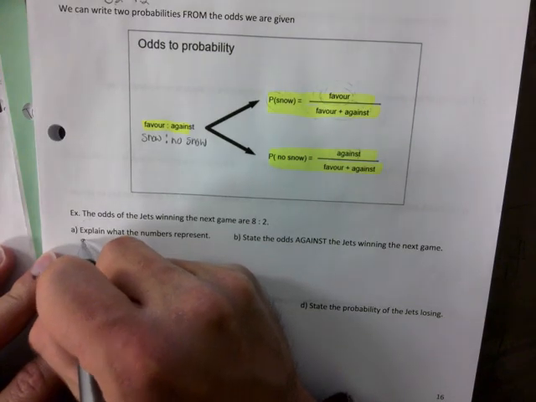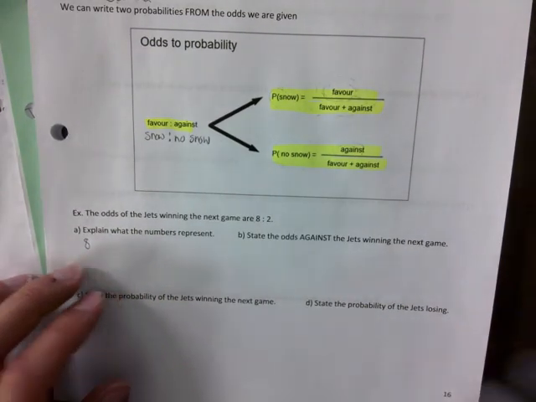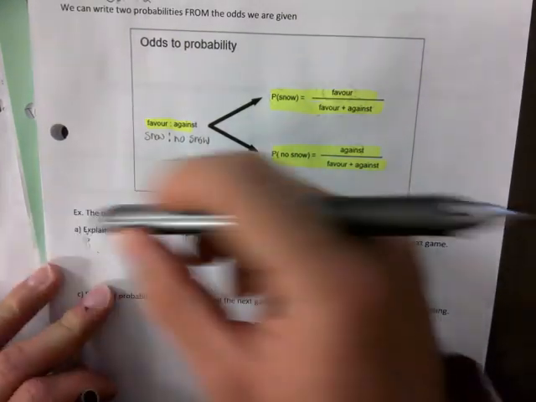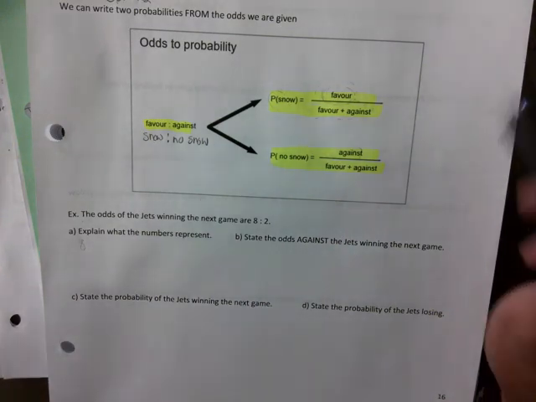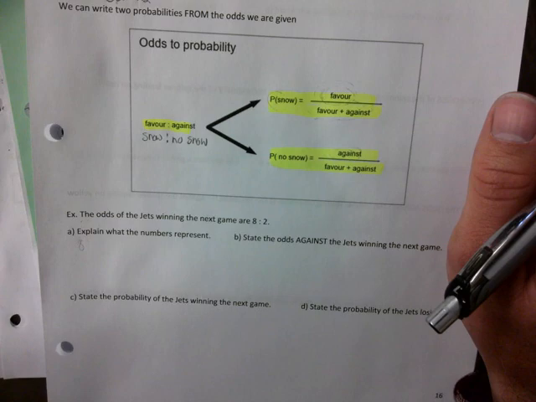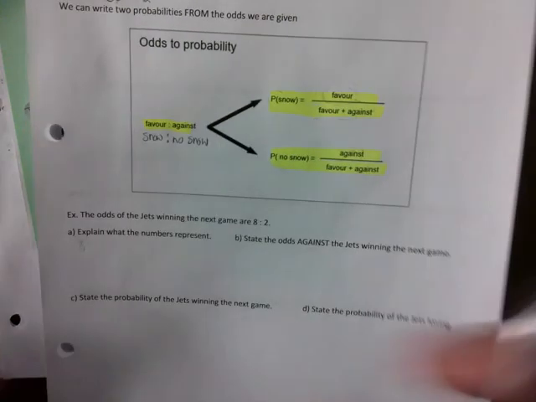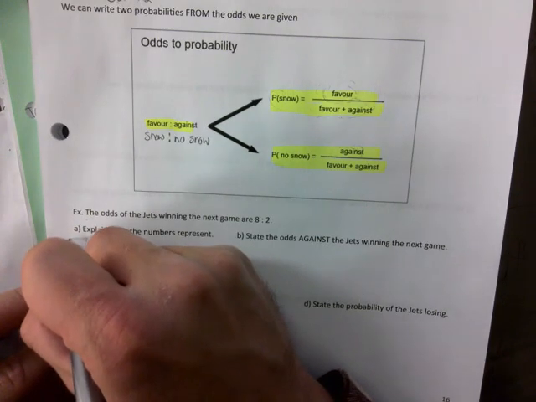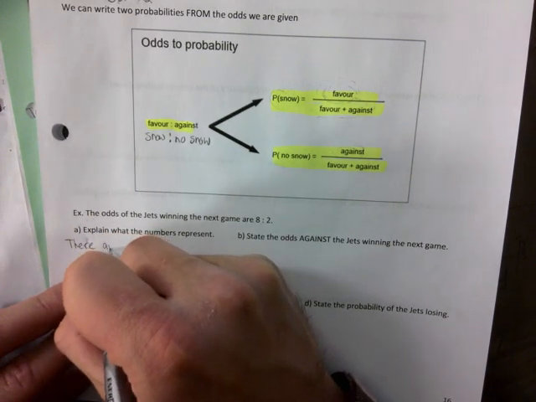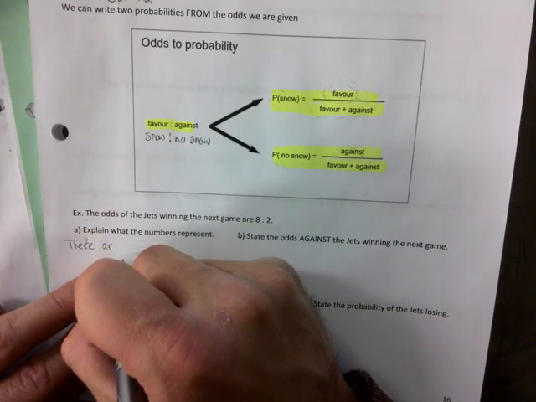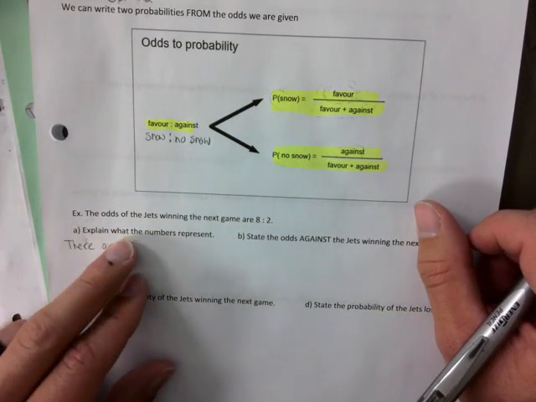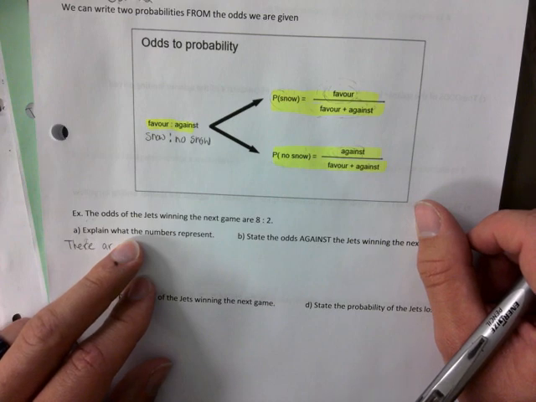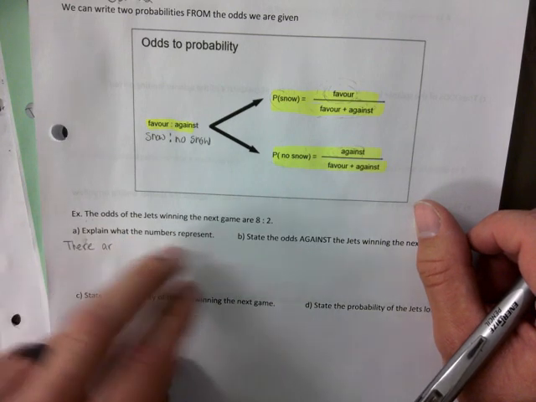So what would 8 represent? Explain what the numbers represent. 8 to 2.